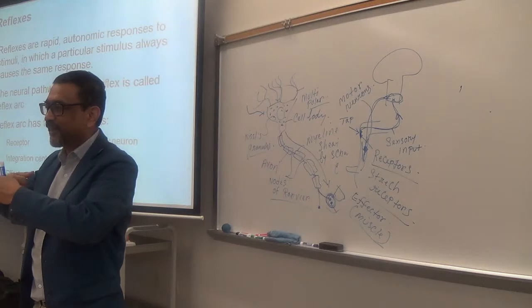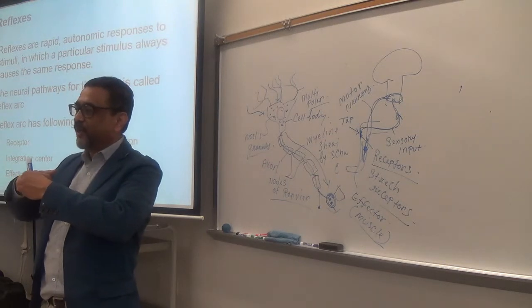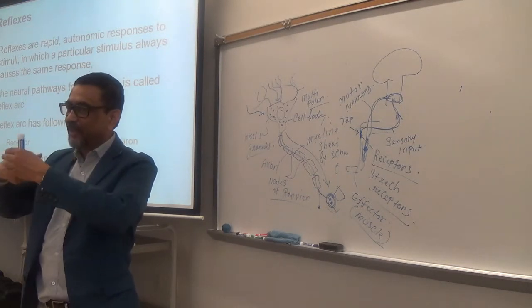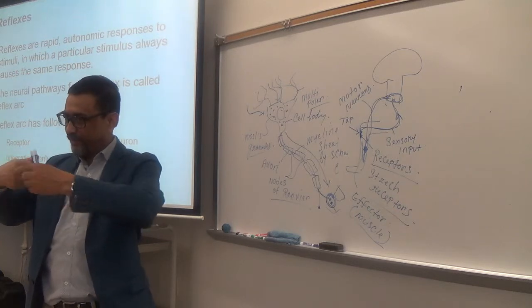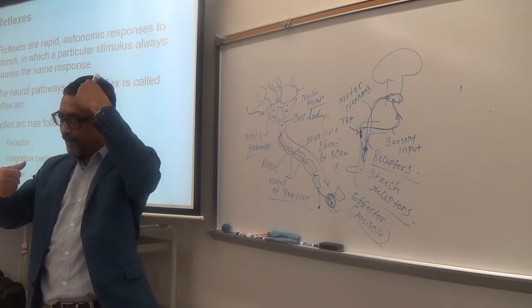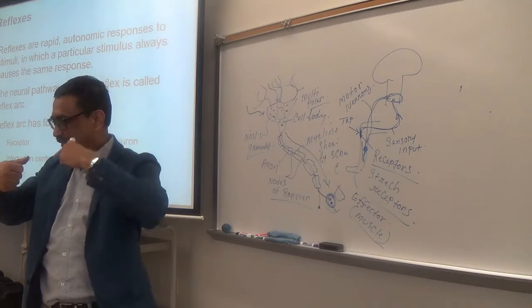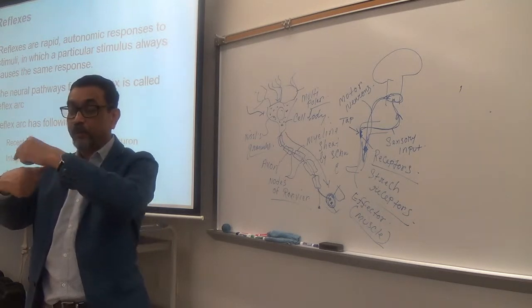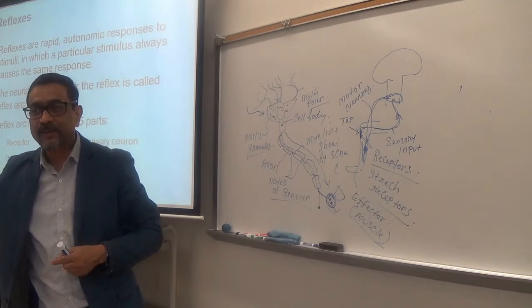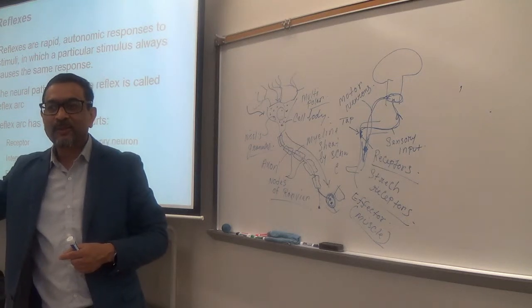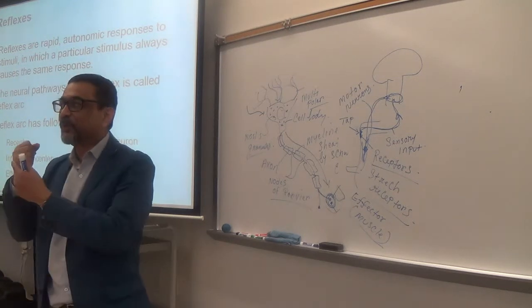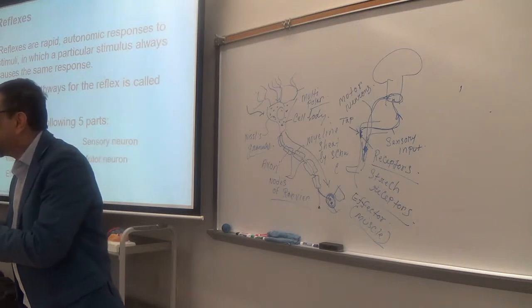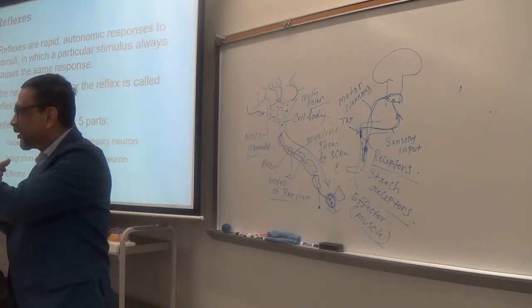Sweating. So in this case, the thermoreceptors are in the body, receive the signal, send the signal to the brain, and then brain sends motor output to what? To the muscles. To the sweat glands to release the sweat.